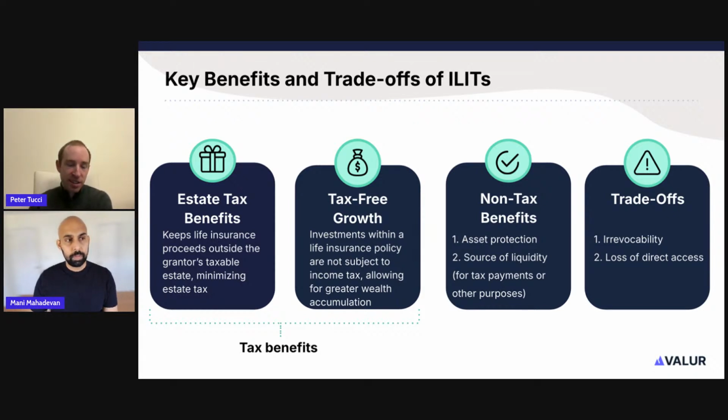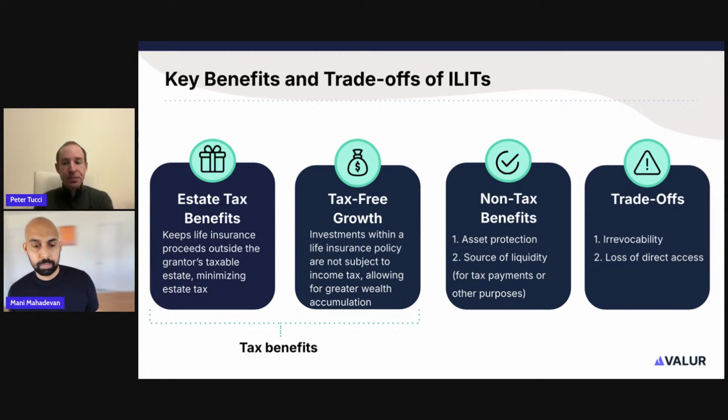This slide shows them. The really big benefit, and the reason most people do ILITs, is the estate tax benefits. The death benefit inside of the ILIT is not considered part of your estate for estate tax purposes, assuming the ILIT is set up right. Whereas if you own the policy in your own name and it pays out to your kids or your spouse or whoever, that's going to be includable in your estate.